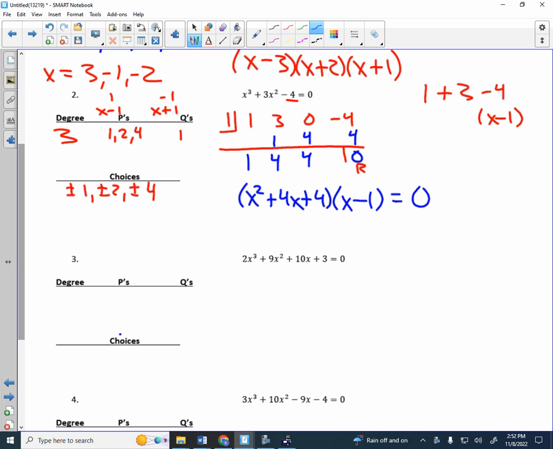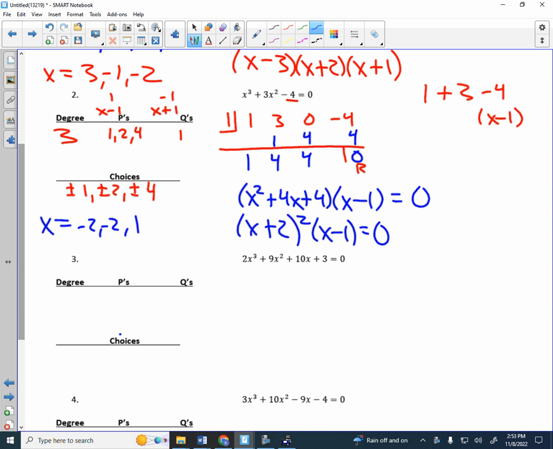Does x squared plus 4x plus 4 factor? X plus 2 times x plus 2, or x plus 2 squared times x minus 1. X is equal to what? -2 twice. Please list the -2 twice to show that it's a double root. The fact that it's a double root, does that impact the graph?